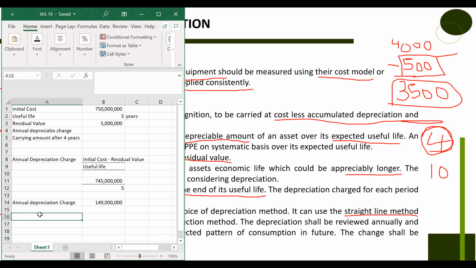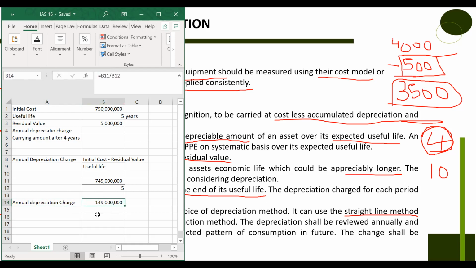Just take it from when I buy the asset, what do I recognize? As I'm using the asset, how am I recognizing the value of the asset? It's simple and easy to follow. And using the straight line method, the depreciation charge would be equal.